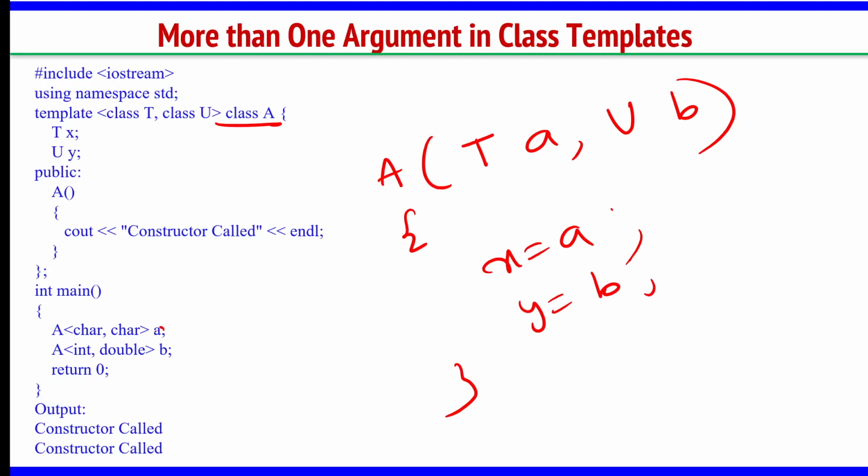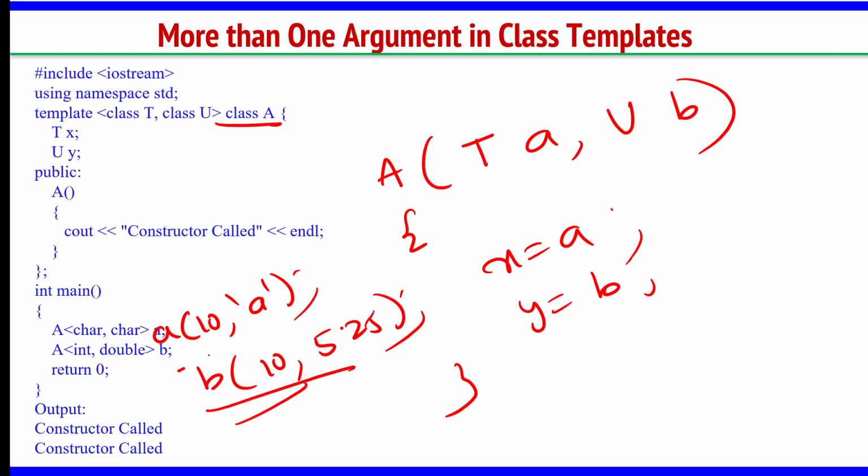So, you have to write here A of 10 comma, since another one is a character, you can give 10 comma small a. Here B of 10 comma 5.25. Like this you can create objects and pass the arguments. So, like functions, classes also can have multiple arguments.